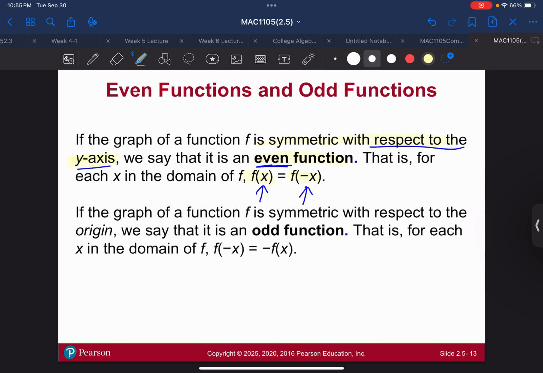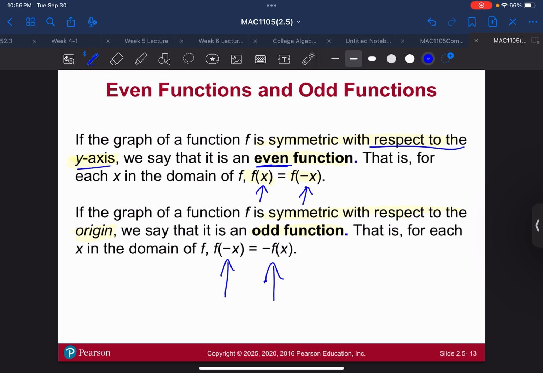And then if the graph of a function is symmetric with respect to the origin, then we say that that function is odd. And so here, if we plug in negative x for x, and we get negative y, then that's how we can tell that it is symmetric with respect to the origin.